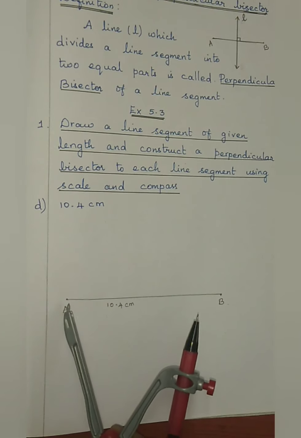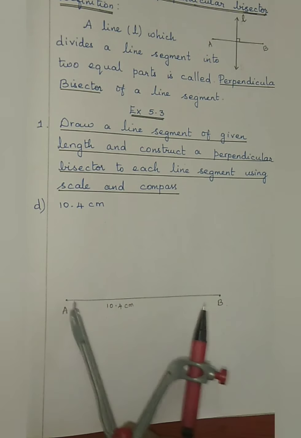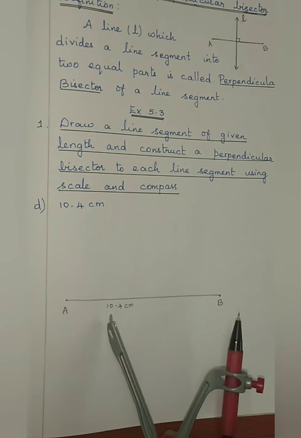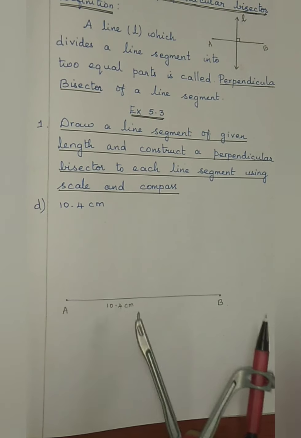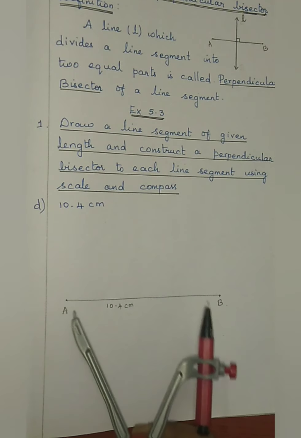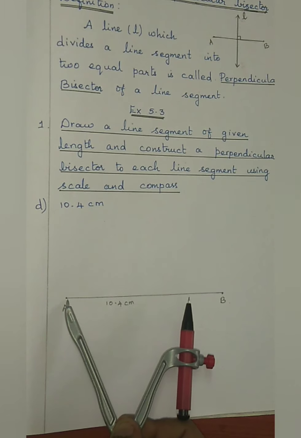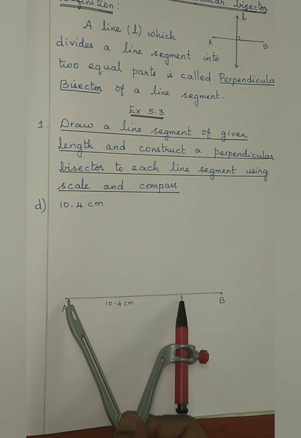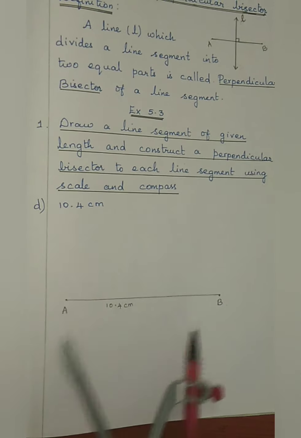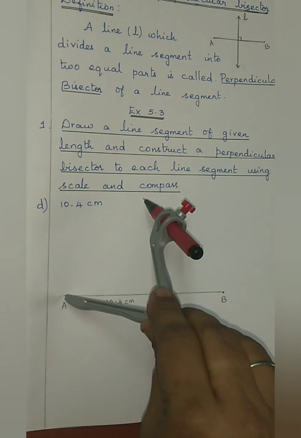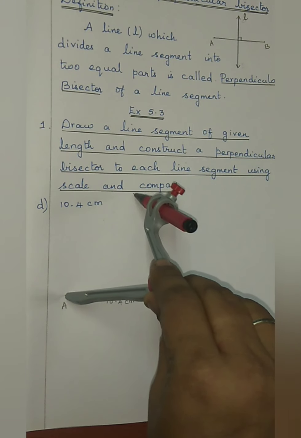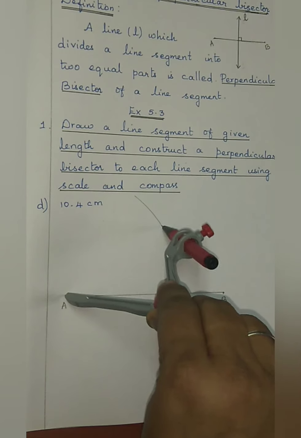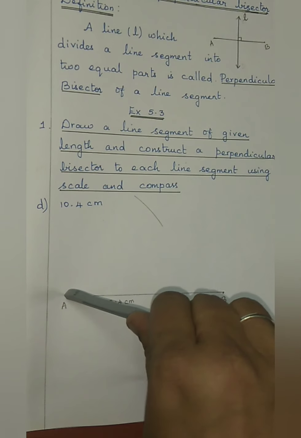See here, this is the line segment of 10.4 centimeter, isn't it? So keep the point of the compass at A and take more than half of AB. Any measurement you can take, but it should be greater than half of AB. Now with A as center, draw two arcs above and below this line segment.